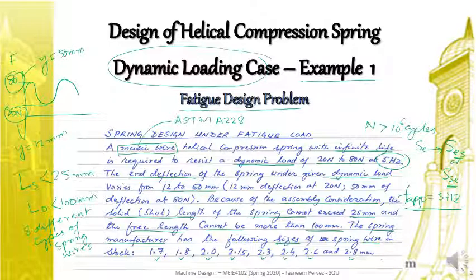And these are my design constraints, which are below here. Having known these things, let me go to the next slide, and tell you the fundamental difference between designing a spring against static load versus the dynamic load.